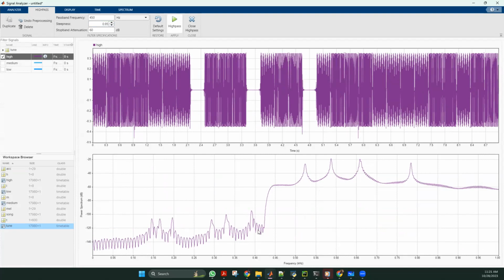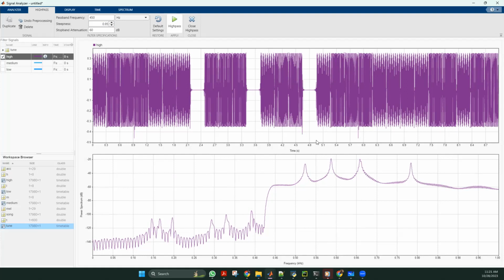So the low frequencies, below 450 hertz, have been cut off, and the other frequencies have been retained. They are remaining. Okay, so the other frequencies above 450 hertz are remaining, and they are shown.